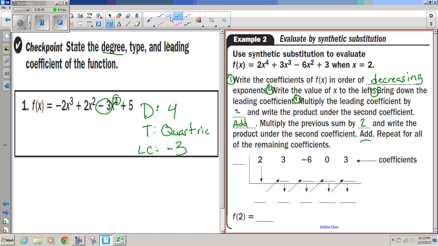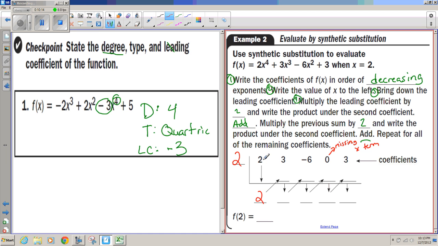So let's take a look at all of those steps. Step 1, write the coefficients: 2, 3, -6, 0, 3. Please note this 0. You're missing an x term, so you have to show those zeros. Step 2, write the value of x to the left. The value of x tells us that it's 2. Step 3, bring down the leading coefficient. That's a 2.